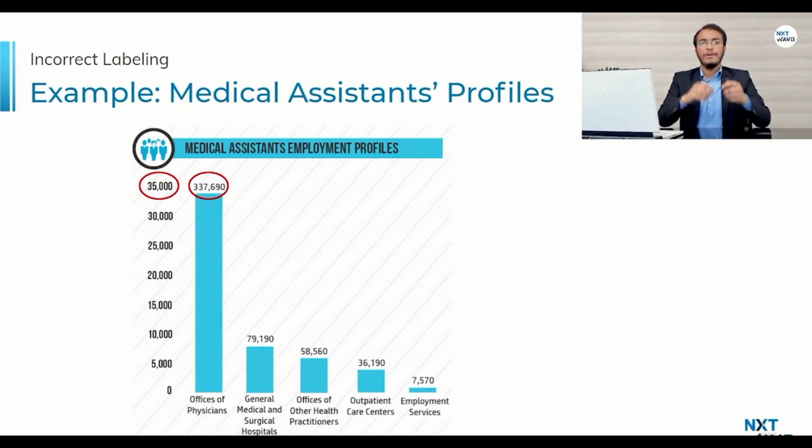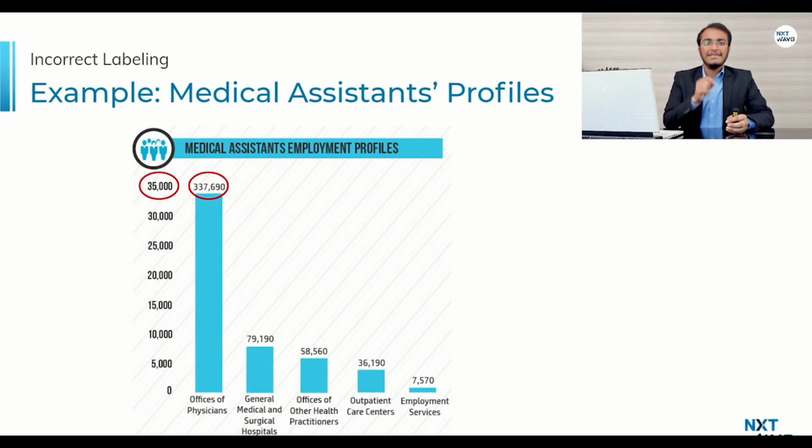Now another example is where we might do incorrect labeling, which again creates a kind of lie factor, and it might even confuse the audience looking at the graph. Here you can see different bars indicating some data of medical assistants, and the first bar is 337,690, but the y-axis is not labeled correctly.